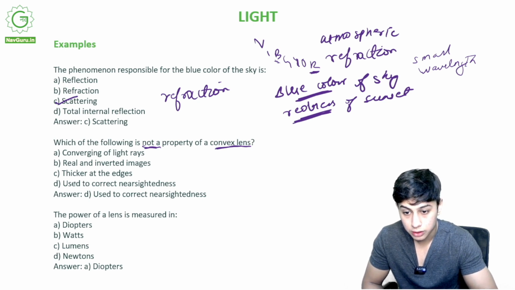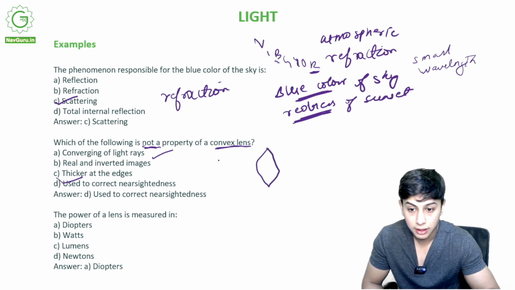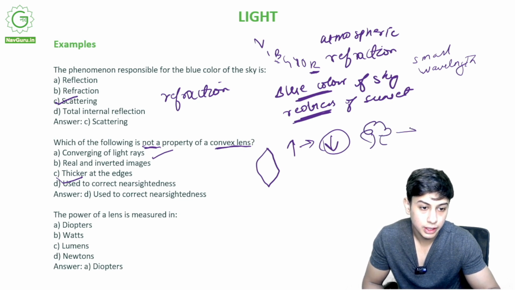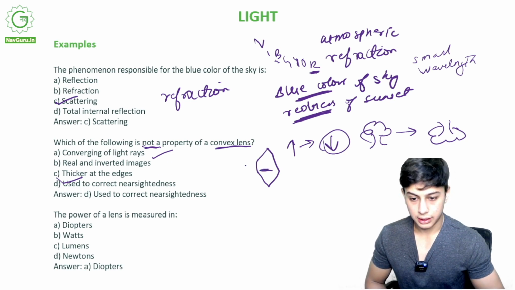Alright, so option D. Converging of light rays, yes, a convex lens does that. Real and inverted images, inverted means upside down. If object is like this, image will be upside down. Okay, if this is a tree, image will come like this. Okay, thicker at the edges, it is thicker at the edges.